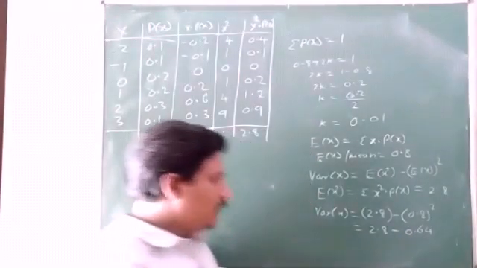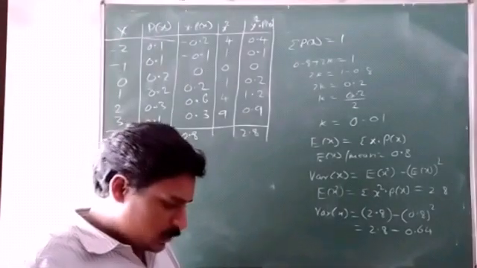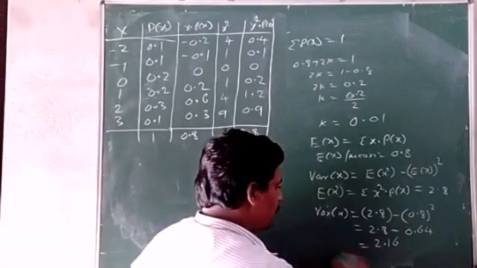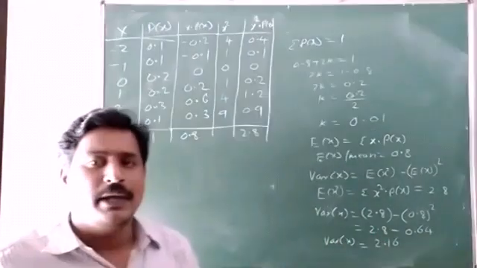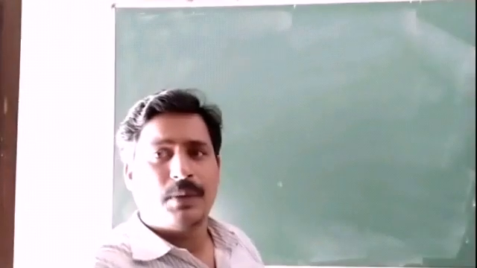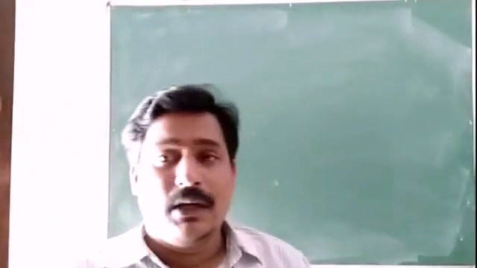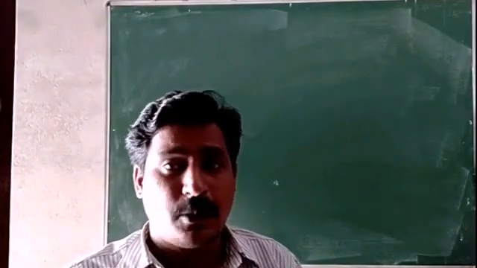So 0.64 deducted from 2.8, we get 2.8 minus 0.64 is 2.16. So variance of x is equal to 2.16, where all the probability values are not known. If you find the value of k, we can estimate or get all the probability values.